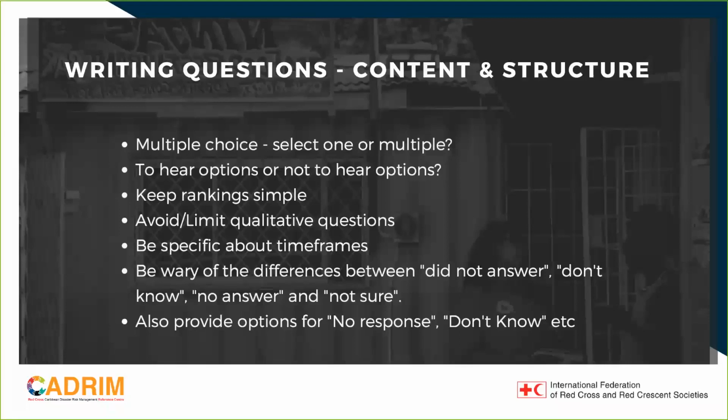That might not bode well for the analysis of the data. So we also want to establish a good balance between giving them the flexibility to answer in a multiple choice manner, but also kind of reining in their responses. So 5 might be a good number in terms of limiting multiple choices.